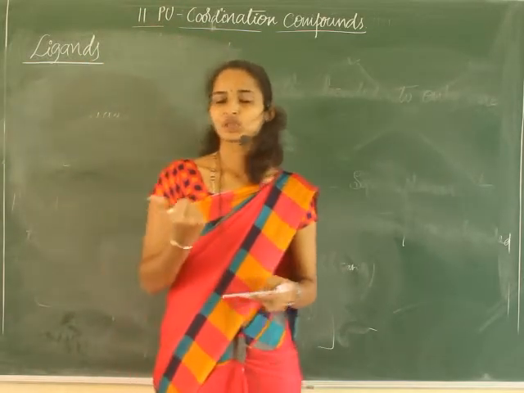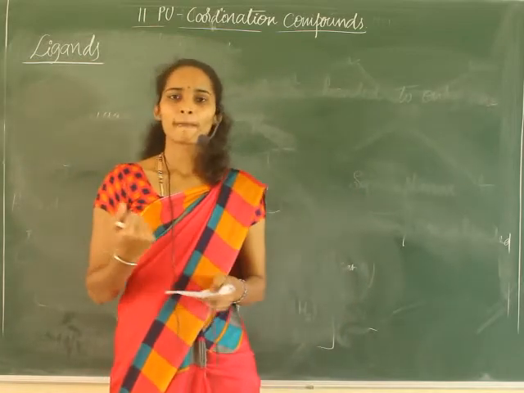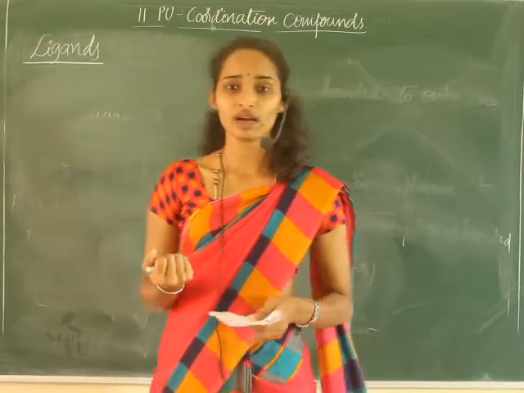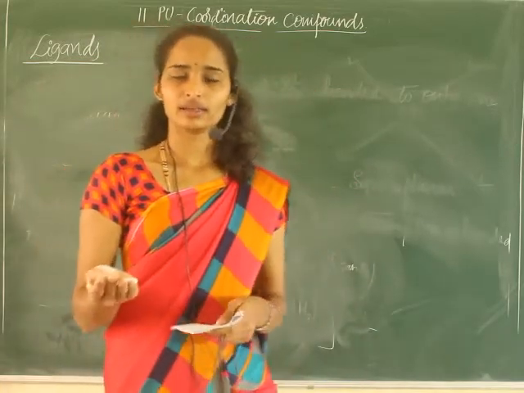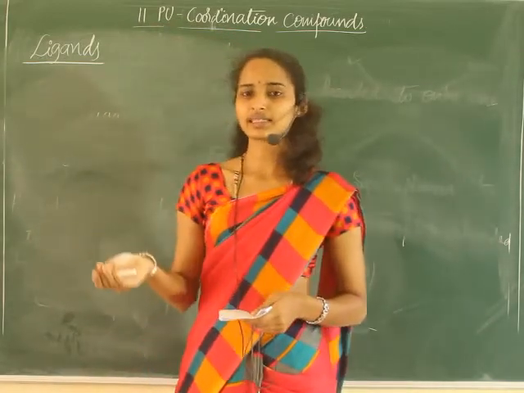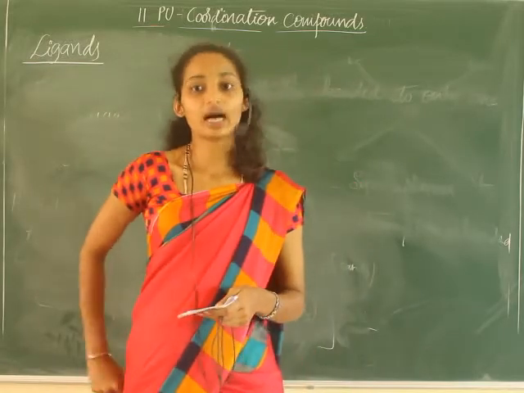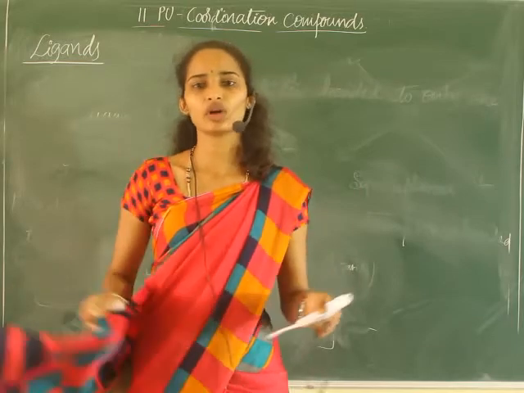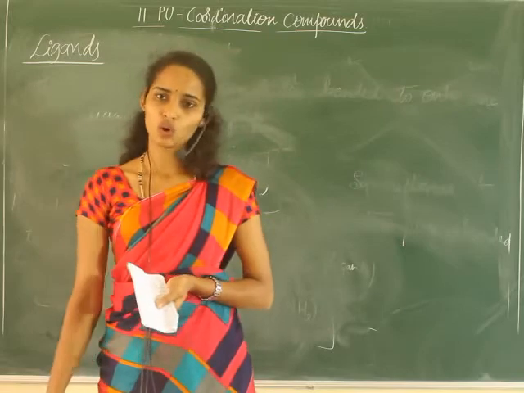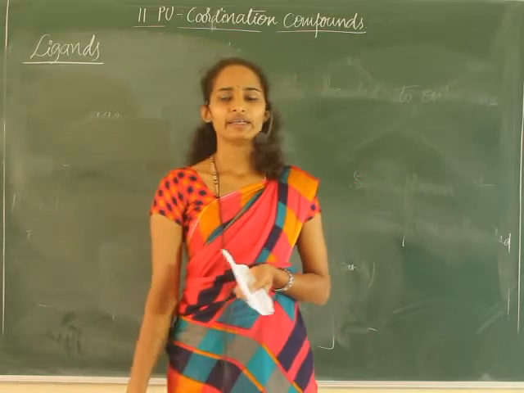It may be small ions like chloride, sulfate, etc., or neutral molecules like water or ammonia, right? Those two molecules can donate electrons. In ammonia, NH3, nitrogen contains a lone pair of electrons, it can donate a single pair of electrons. And again water, H2O, oxygen can donate a pair of electrons.